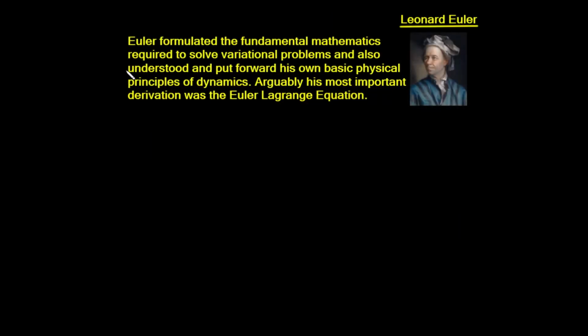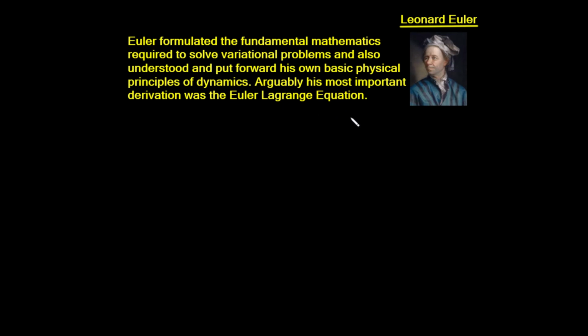Now, Leonhard Euler formulated some of the mathematics that are required in order to solve what are now known as variational problems, but he also put forward his own basic physical principles of dynamics as well. Now, arguably his most important derivation in this field is something that we'll look at whenever we do the calculus of variations, which is called the Euler-Lagrange equation.